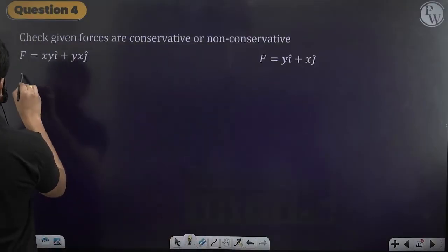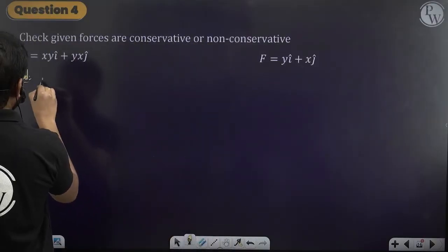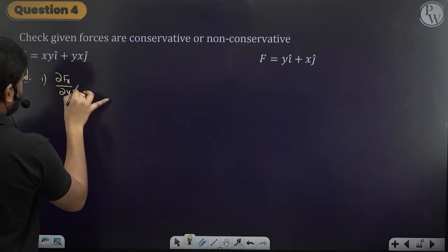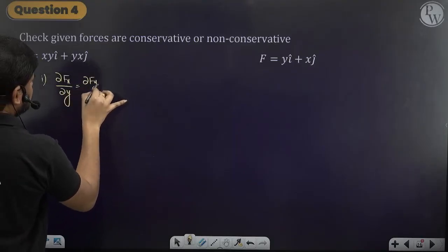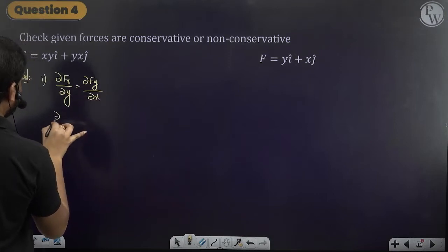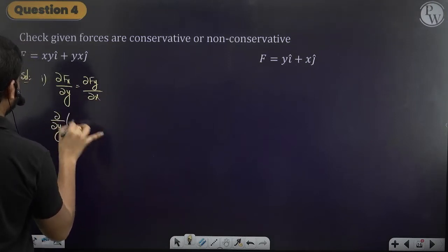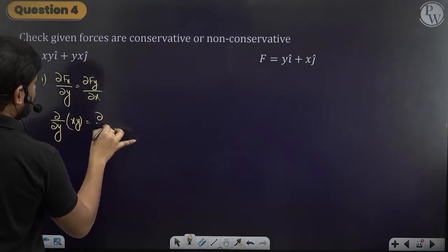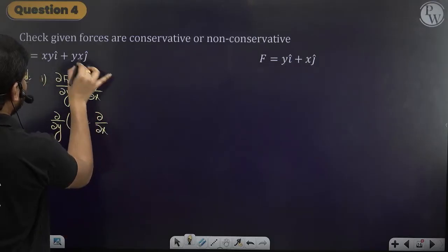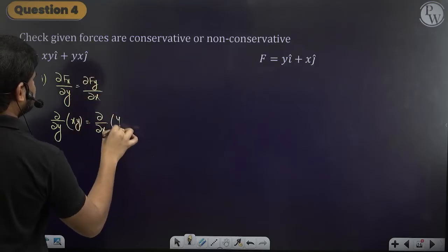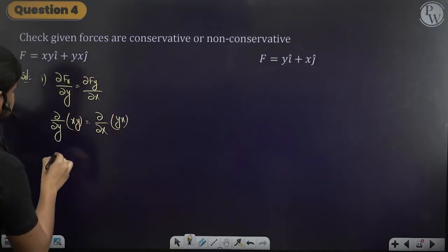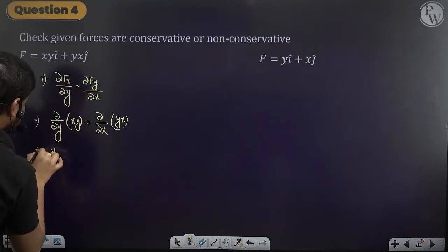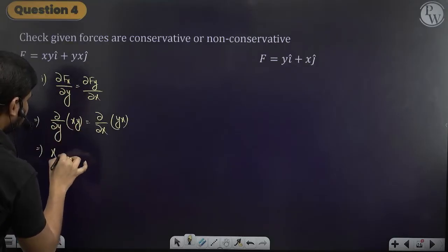Here, first let's check the first condition. What's that? ∂Fx/∂y equals ∂Fy/∂x. So ∂/∂y of Fx, what is the force in the x direction? xy. And ∂/∂x of Fy, what is Fy? yx, alright? Chalo. With respect to y we are differentiating, so x is a constant, take it out, and ∂y/∂y is 1.